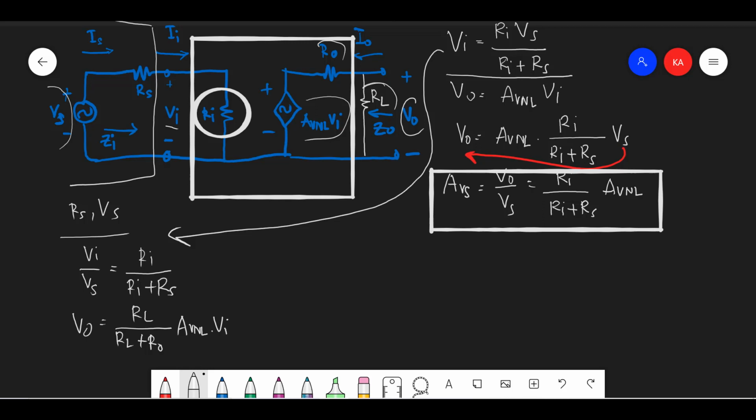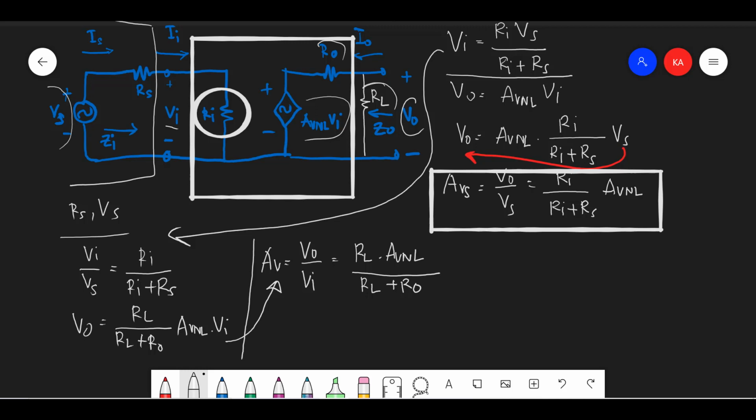So Vo is equal to RL per RL plus Ro times AVnl times Vi, or we can write that AV, the voltage gain, is Vo per Vi, which is equal to RL AVnl per RL plus Ro.